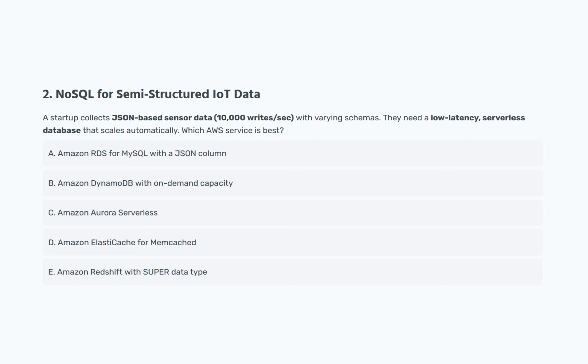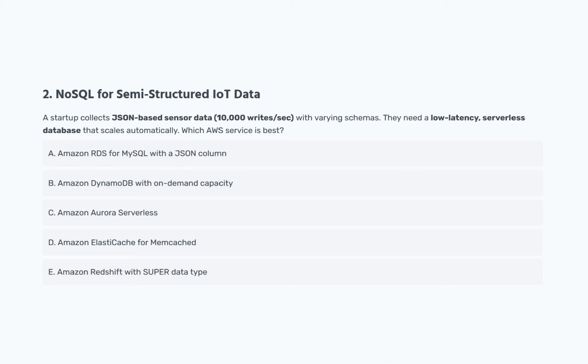Aurora Serverless can do it, but I think the best option is DynamoDB here because Aurora is going to be expensive. ElastiCache for Memcached, Redshift with SUPER type data. Redshift is a sort of data warehousing, it's not as fast as DynamoDB. So for this question, I think the answer is going to be B.